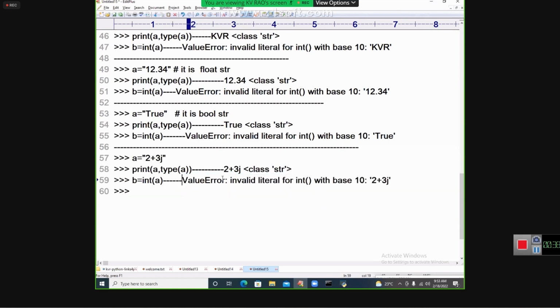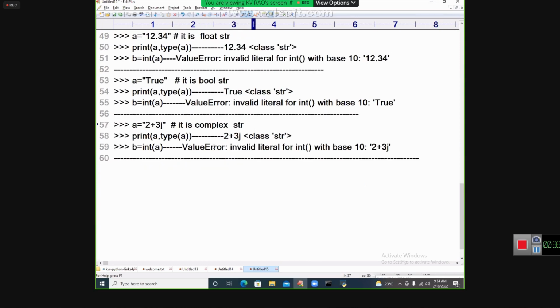If you go for certification level in companies, they will ask this type of complex questions. It is complex str. Is it possible or not possible? It is not possible.